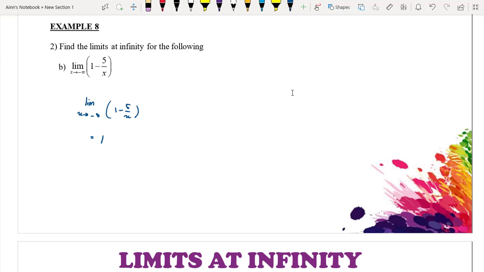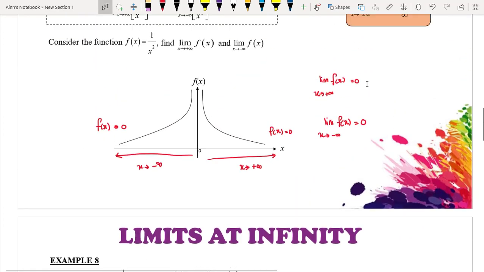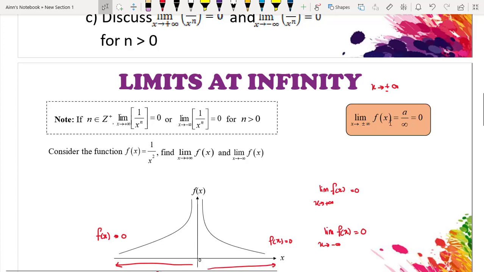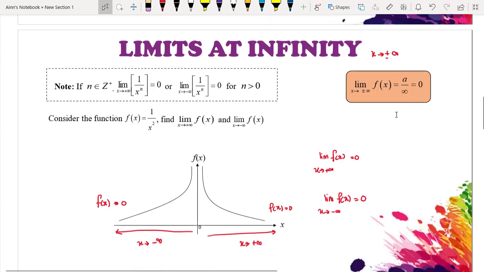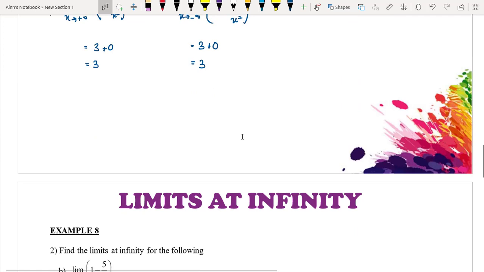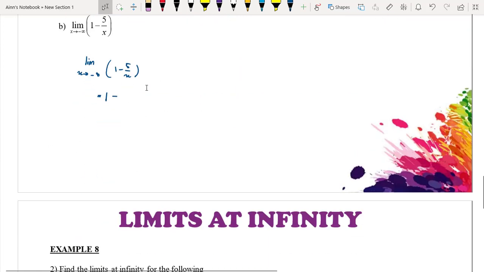Substituting infinity into x, we get 5 over infinity. By using the properties, the limit of f(x) as x approaches positive or negative infinity, where we get a over infinity, will be 0. So the answer will be 1.